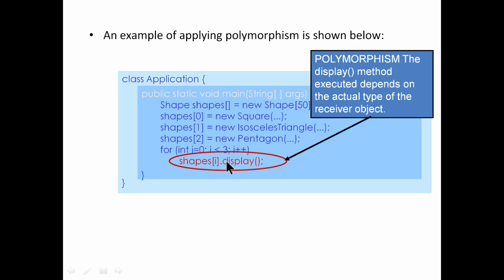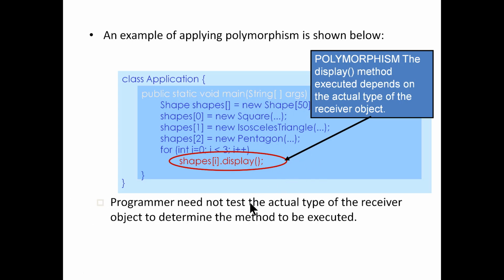Calling display will call the display of a square, the display of an isosceles triangle, and the display of a pentagon. In polymorphism, the display method executed depends on the actual type of the receiver object. The program needs to test this actual type to determine the method to be executed. And the result is simpler code.